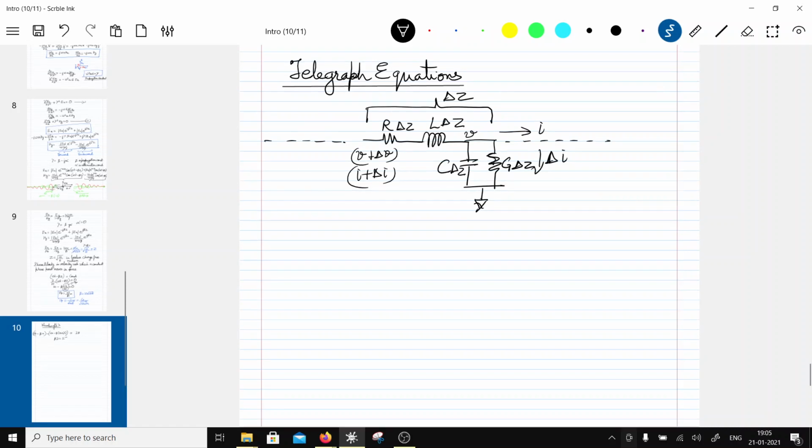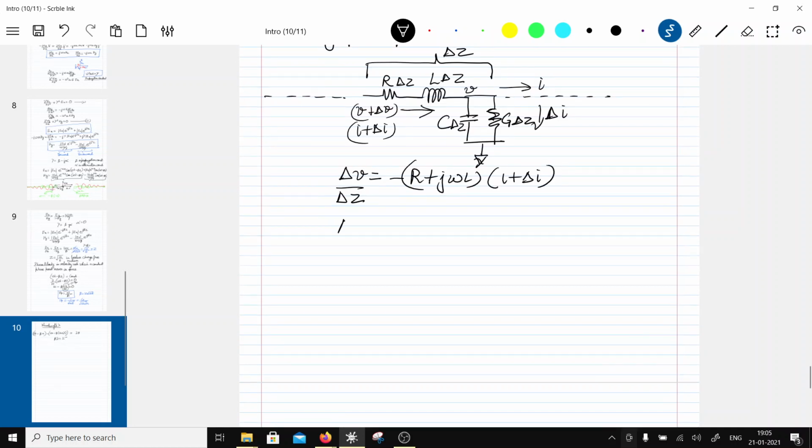So I can write here this way: delta V is going to be equal to the drop across this R and L, and that will be negative, R plus j omega L. Delta V by delta Z should be equal to this thing times I plus delta I, the current flowing through here. So this is one equation.